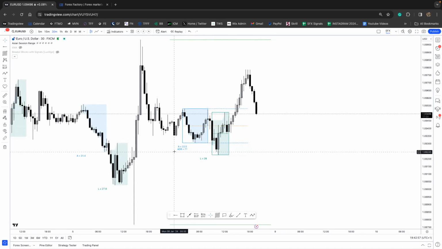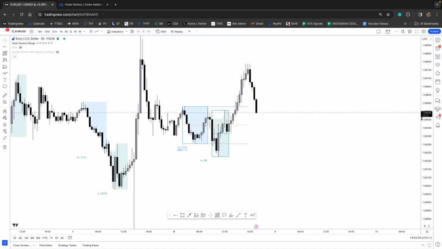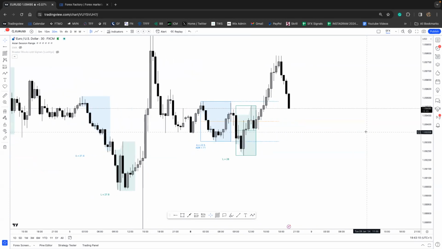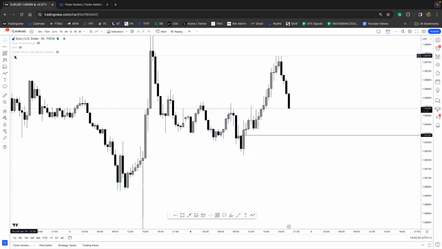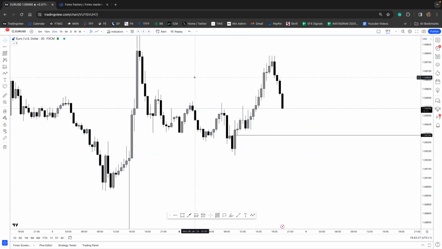London swept the lows of the Asian session and then turned away, which is beautiful. This is a textbook setup. So those who trade EURUSD can possibly have a trade in the early London session tomorrow, if everything plays out, if the Asian session is not going to mess things up. This is a 30-minute order block, which can be used.